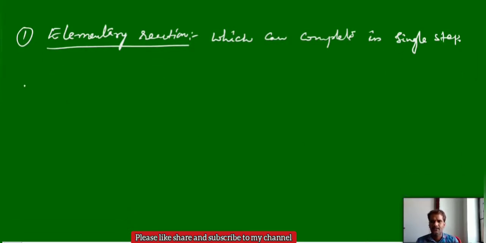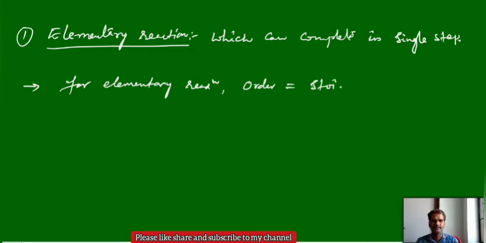and you can remember these points for elementary reactions. For elementary reactions, order of reaction is equal to the stoichiometric coefficients of the reactants.